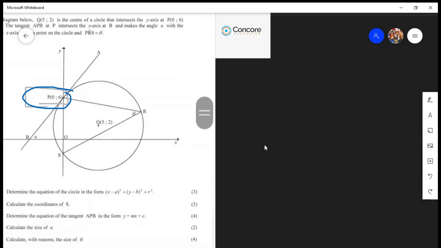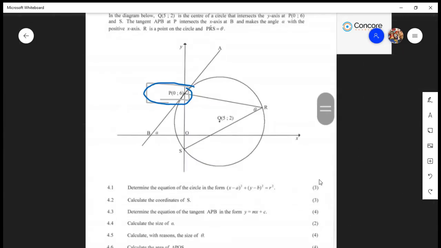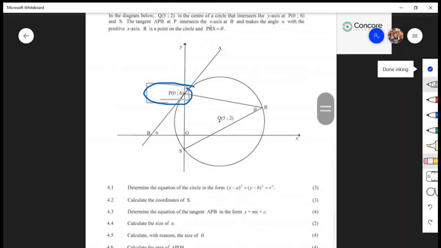In order to calculate the size of alpha, we can actually use the gradient formula, because this is question 4.4, the formula m is equal to tan theta.